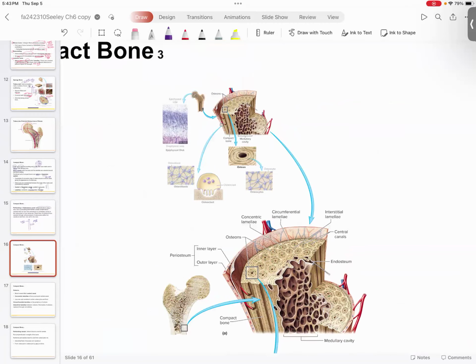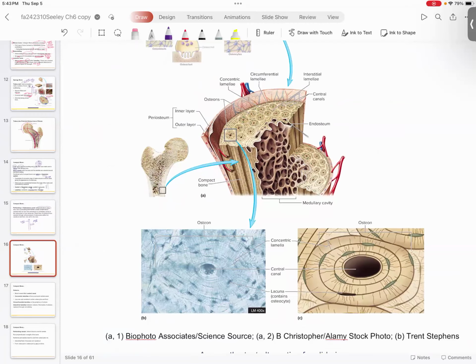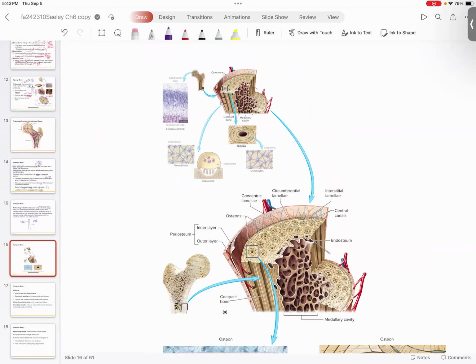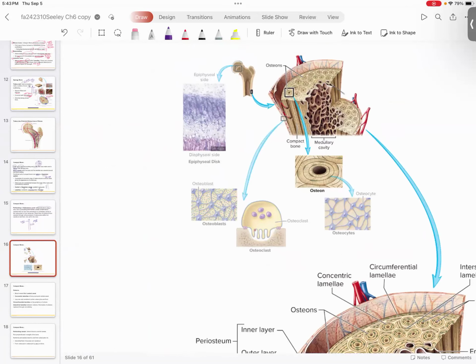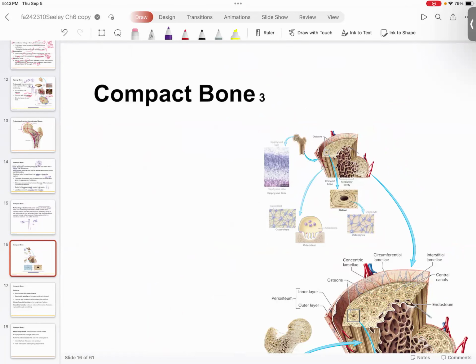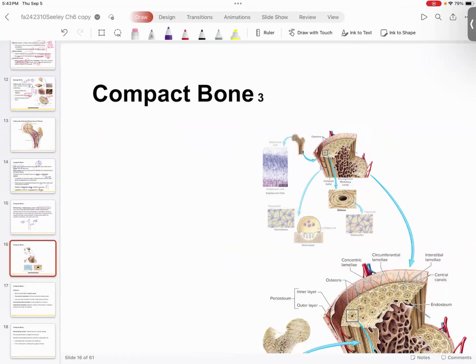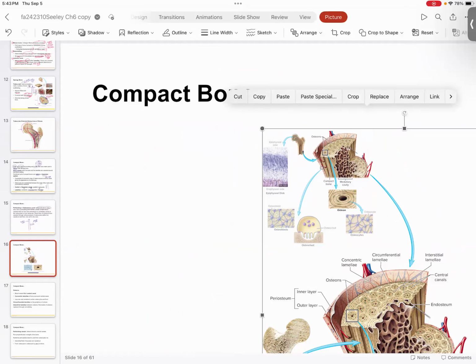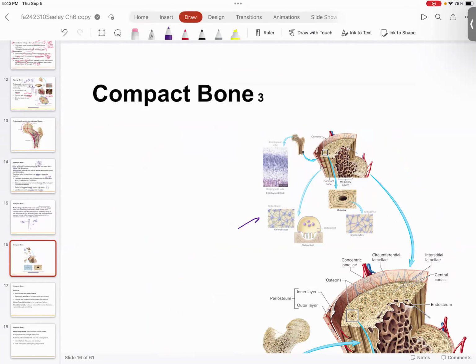So here you can see these are bigger images down here, so we'll take a look at these. So first of all, you can see you have your osteoblasts, which are essentially embedded, we saw this one before, into the bony matrix, and they're interconnected with these canaliculi.